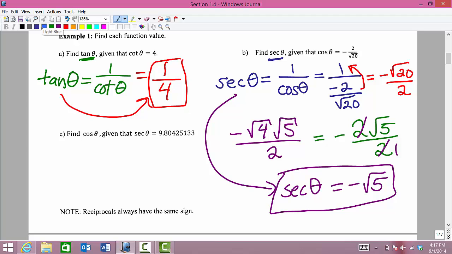And lastly, we wanted to find cosine theta. If we were given that secant theta is positive 9.8 and so on, this is actually even simpler. Cosine theta would be equal to 1 over secant theta, and we know that secant theta is this decimal value, so that would be 1 divided by 9.8.